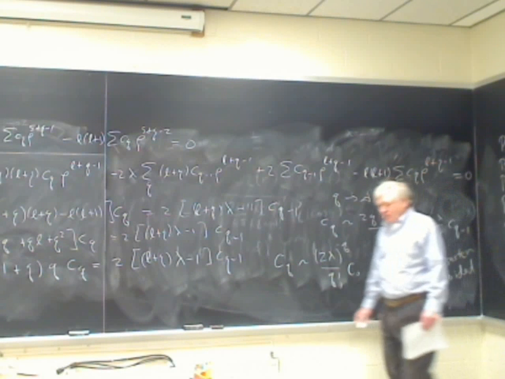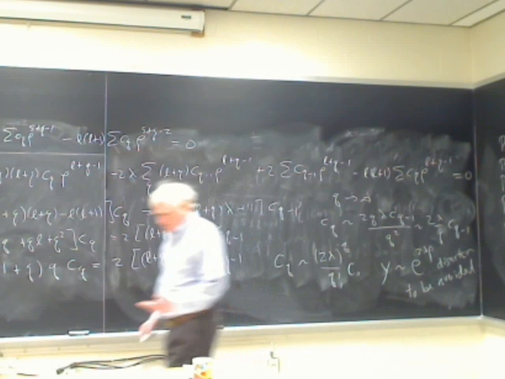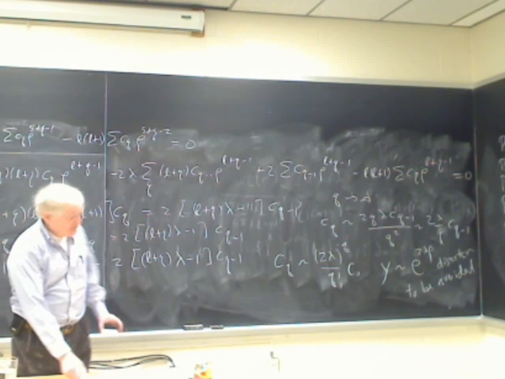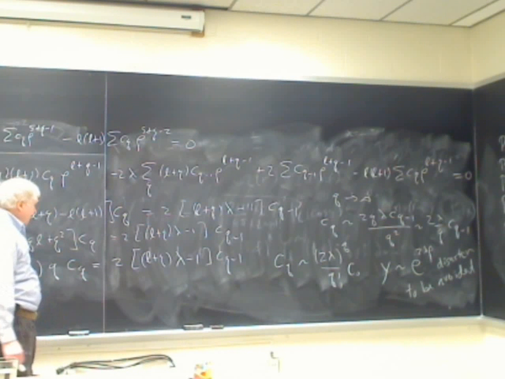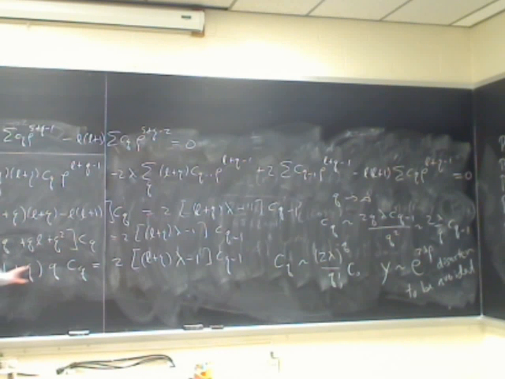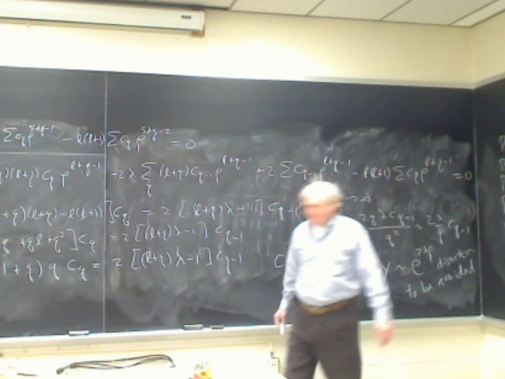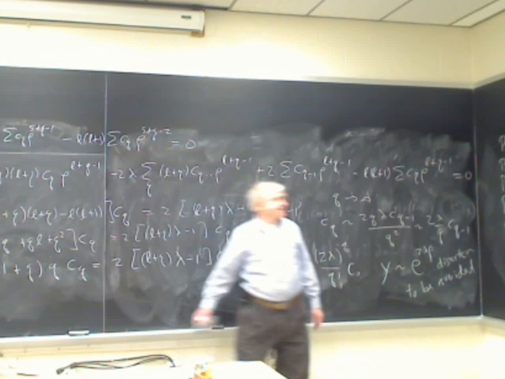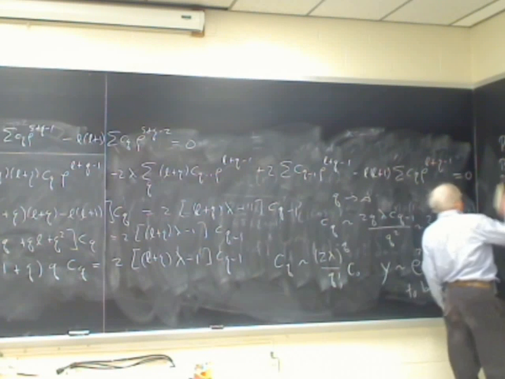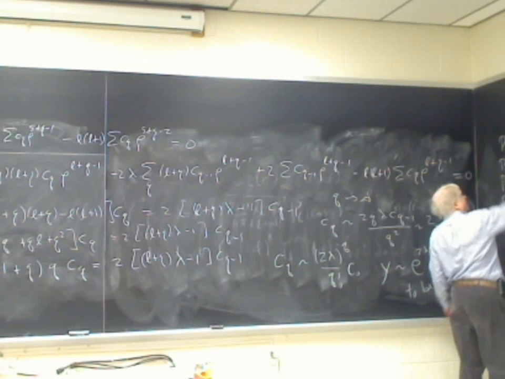Okay, so how do you avoid this? Well, as usual with the method of Frobenius, the way to avoid a disaster is to say that this recursion relation at some point tells you that c_q is 0. And in that case, this sum never goes to infinity and this disaster never develops. And so that's the way out.